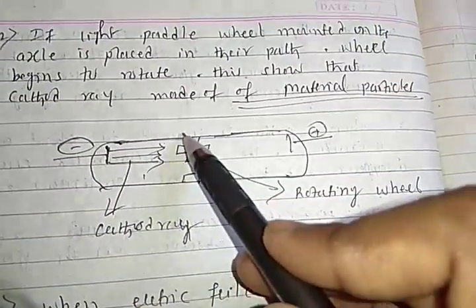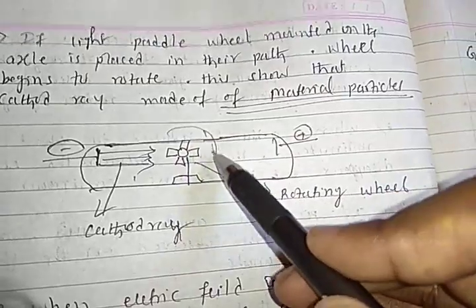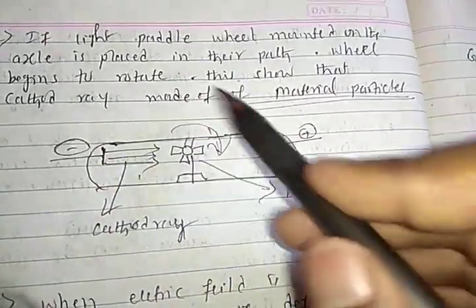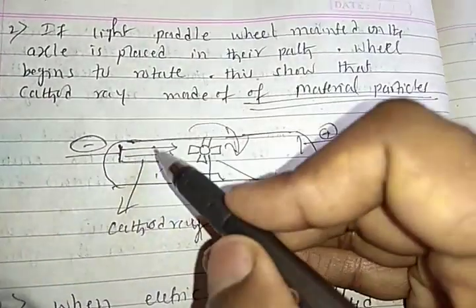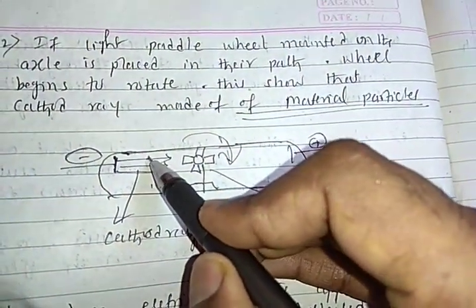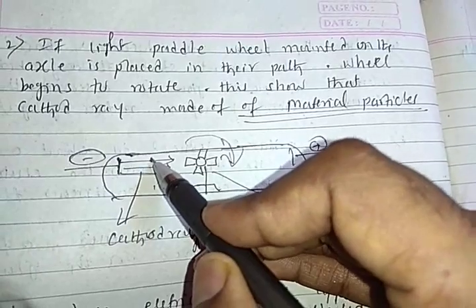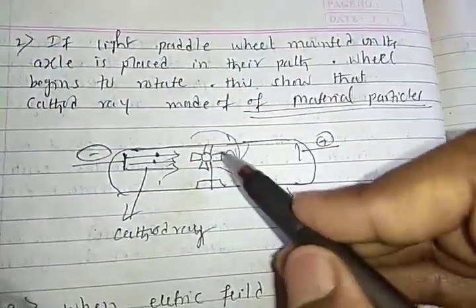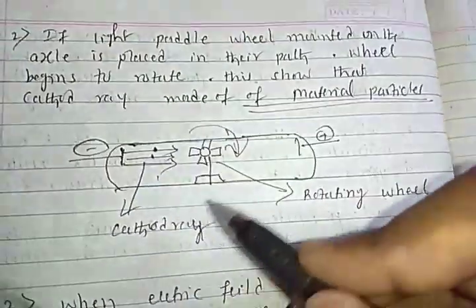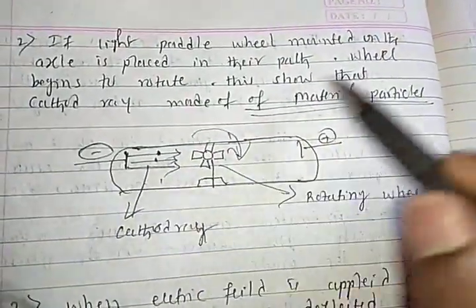The paddle starts to rotate. The paddle rotating means the ray contains some mass or material, heavy enough to rotate the paddle. So it is considered a material particle.